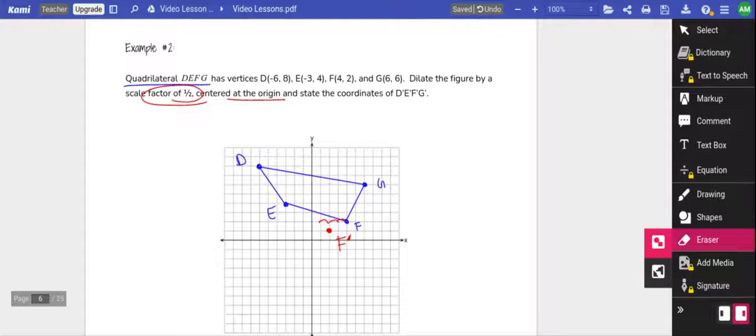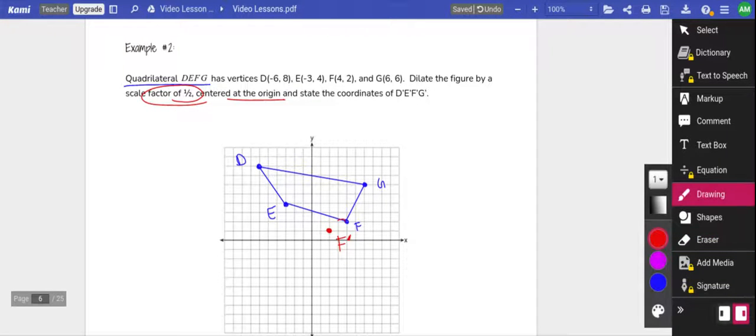I could do the same thing for G. To get to G from my center, I would have to go up 6 and over 6. But because the scale factor is 1/2, I only want to go half as far. I only want to go up 3 and over 3.